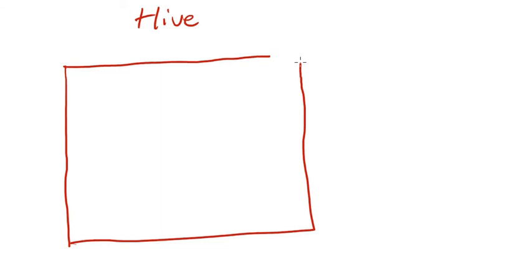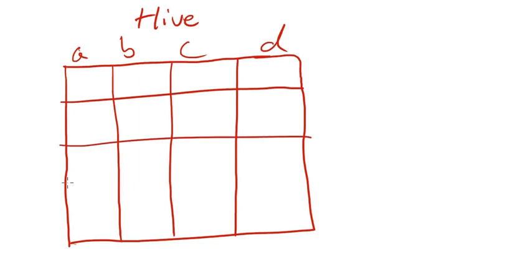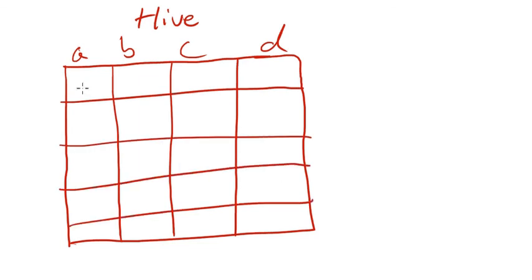So, I make a table, for instance, on Hive, and I can have some columns. So we'll call it A, B, C, and D. And then I get some rows. So there's some people. There's person 1, 2, 3, 4, and 5.